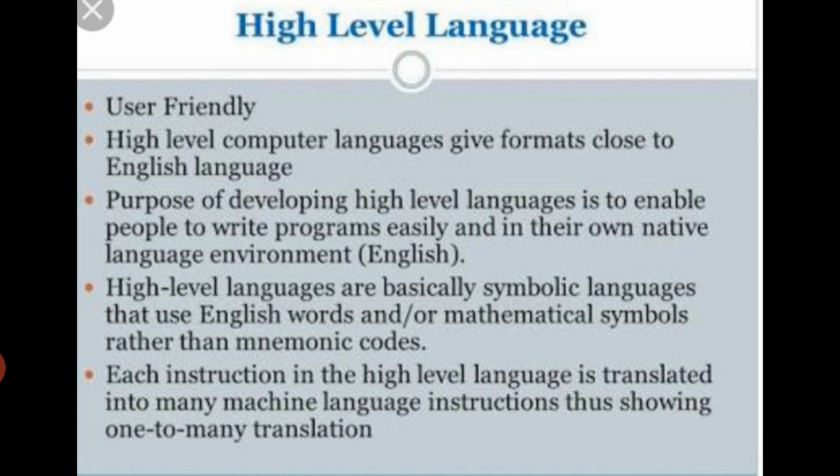Whereas high level language uses simple, understandable human language, which is English. Some of the symbols will be written in English words, and some as mathematical symbols, which is very easy for humans to understand.